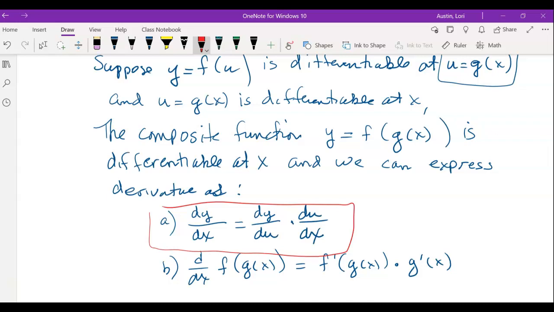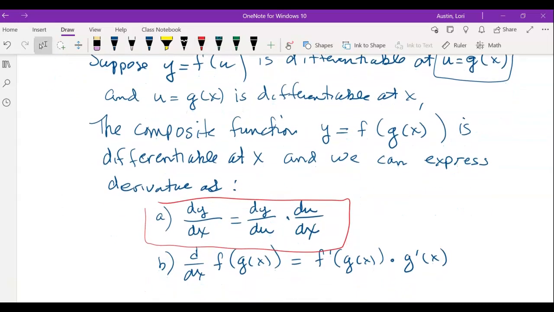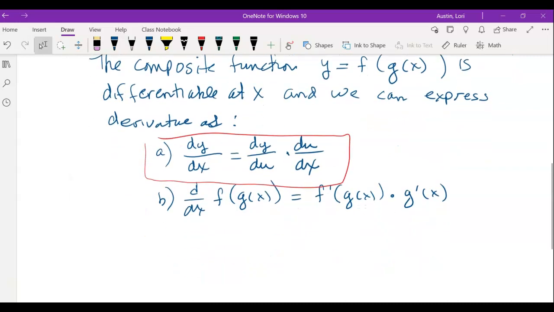All right, so let's go back to that function I wanted to do. That function was (x plus 3) to the 10th power. And let's see how this theorem can apply to that function.